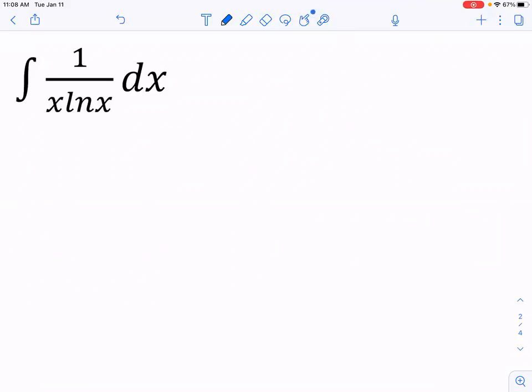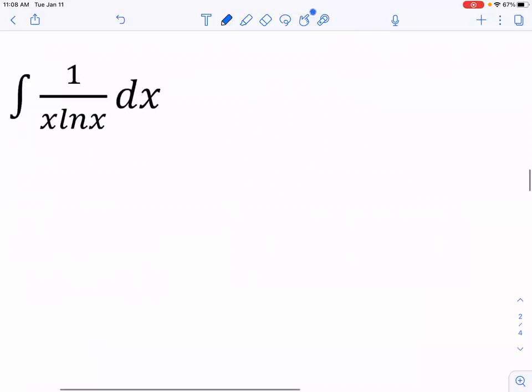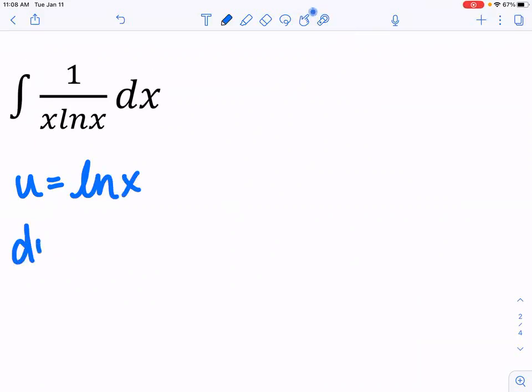It took us a little bit to figure out which relationship we needed to go with. So what should u equal? The natural log of x, because then du is the 1 over x dx.